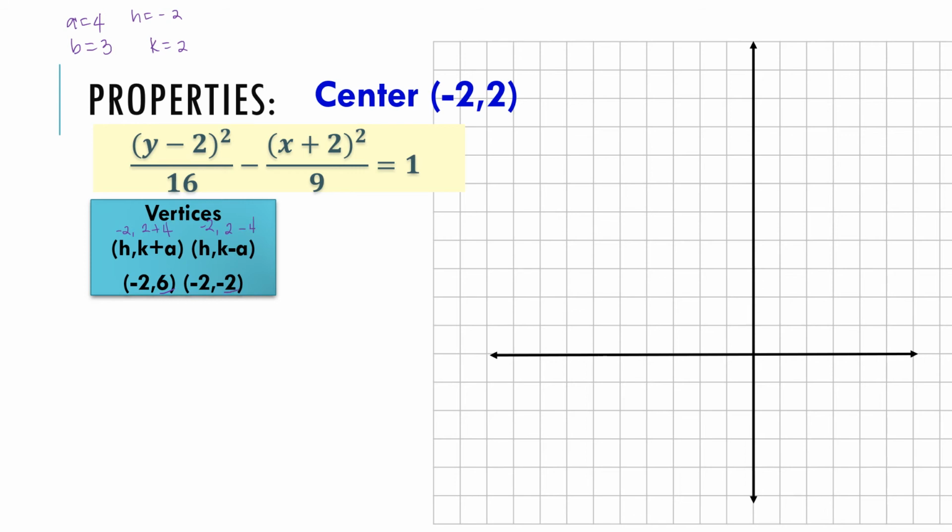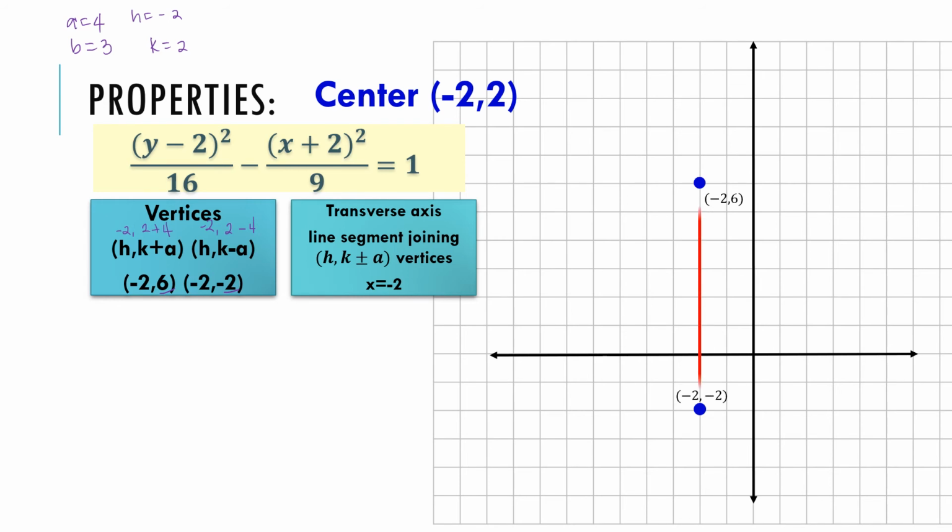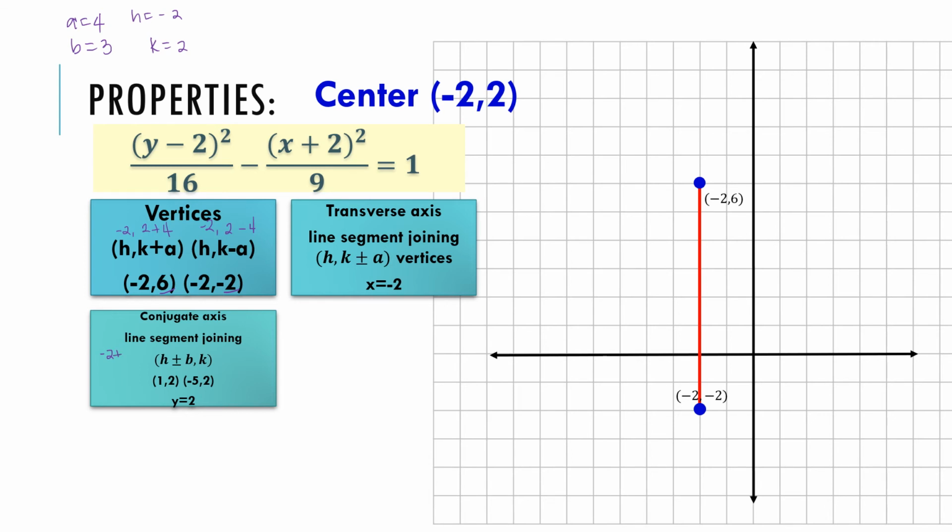This is negative 2. So, there. Next. Conjugate. H is negative 2 plus b. Our k is 2. So this is 1, 2. Next, negative 2 minus 3, 2. This is negative 5, 2.